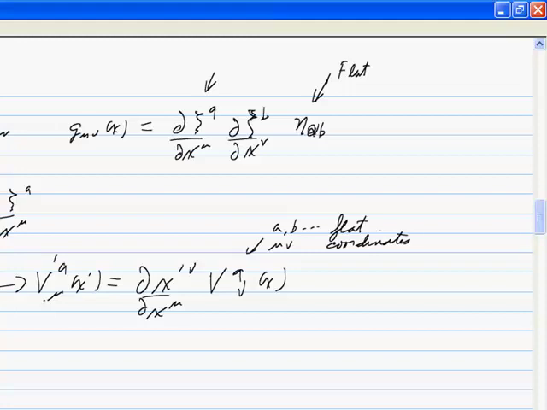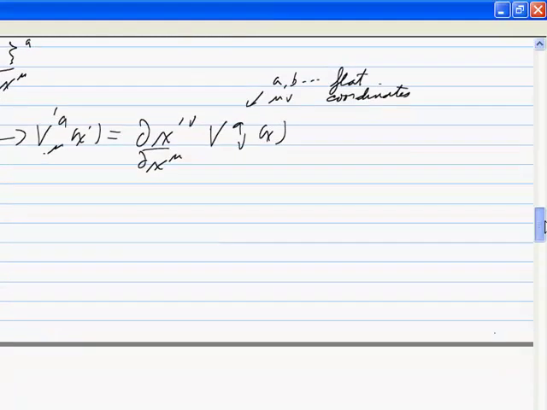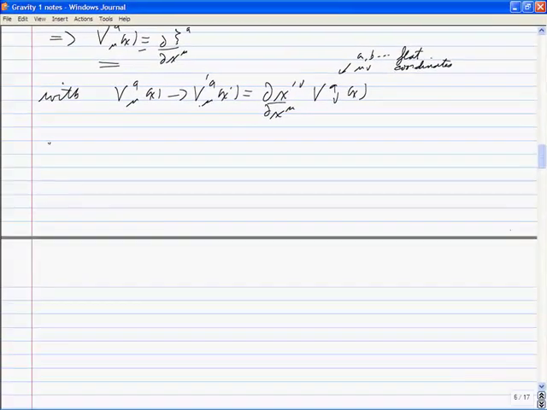If I do this, then the square root of g is just the determinant of V. So it's just the determinant of that guy, so it's the square root of the metric. V is the square root.